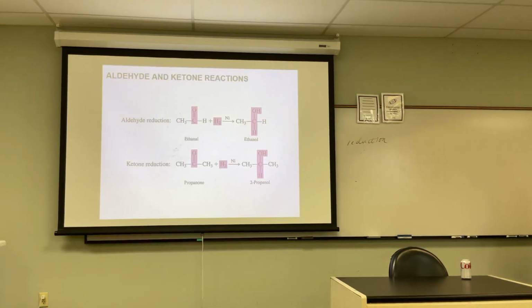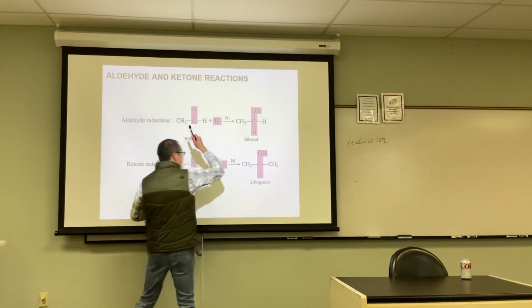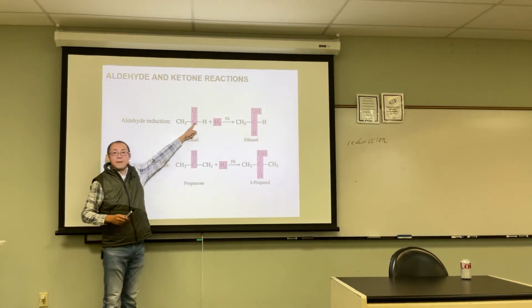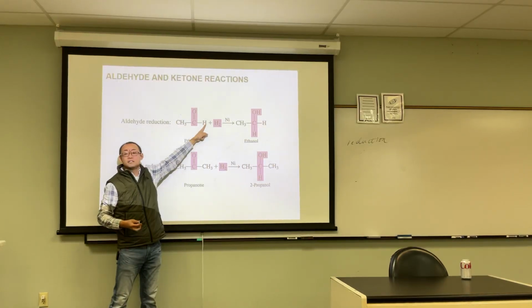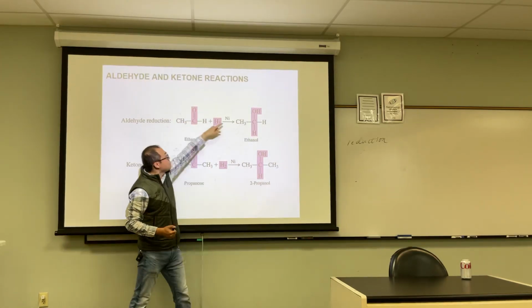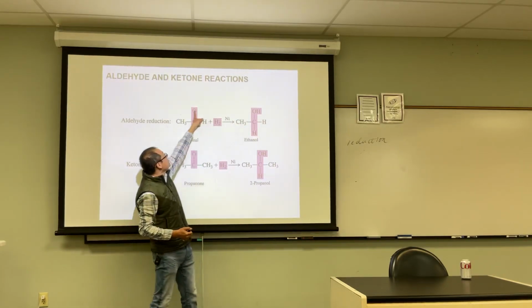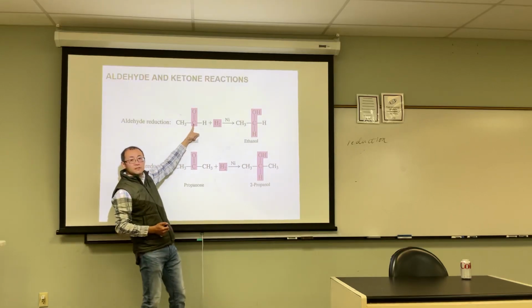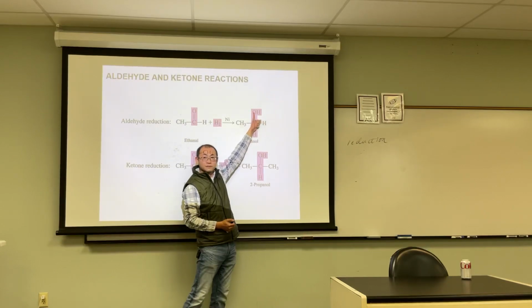Let's take a look at these two reactions. The first one, a C=O double bond with a hydrogen on it, we know this is an aldehyde. When you treat an aldehyde with hydrogen, the C=O double bond becomes a single bond. You add a hydrogen to the O and a hydrogen to the C. After you add a hydrogen to the O, what do we have?